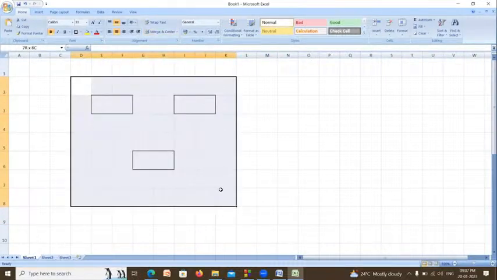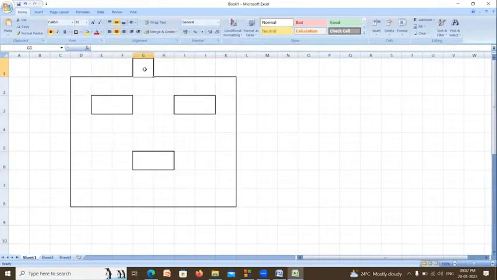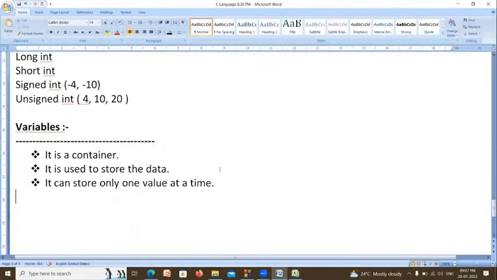Where will variables be created? Variables will be created inside the memory. Data will be stored inside the memory. Variables are also created inside the memory.